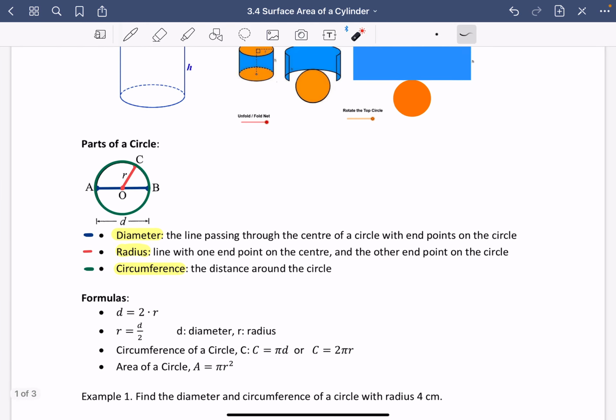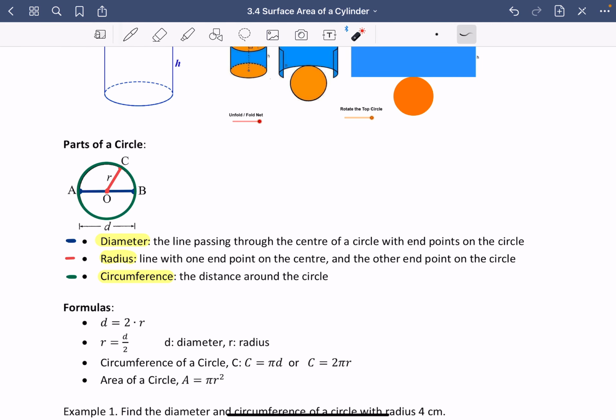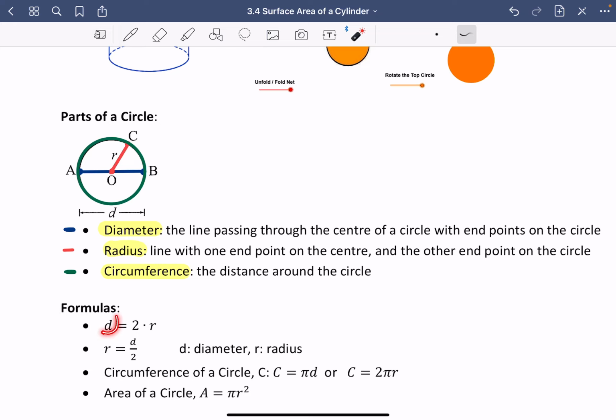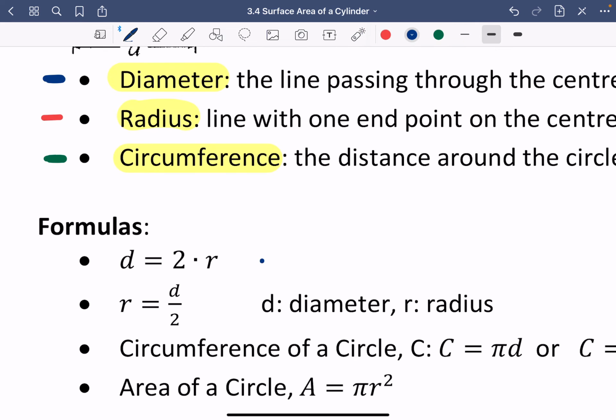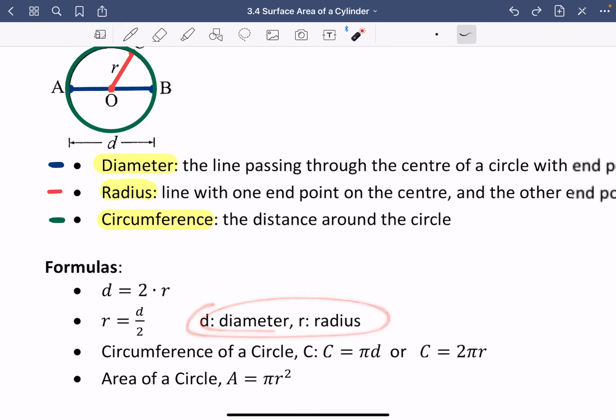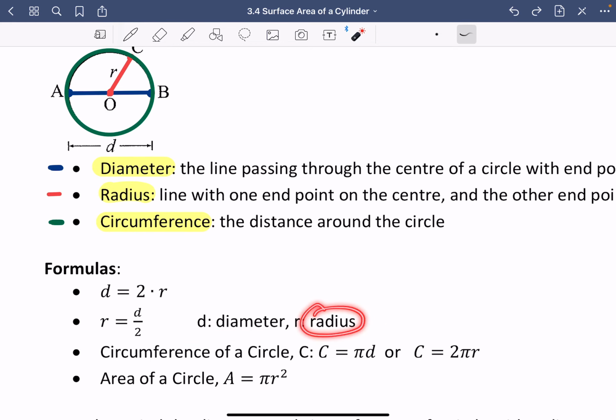Okay. Now let's look at a few formulas. First of all, D is diameter and R is radius.